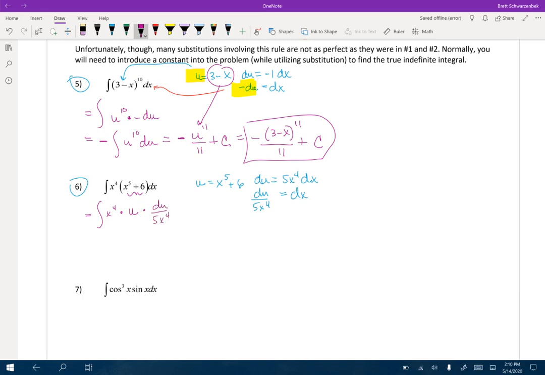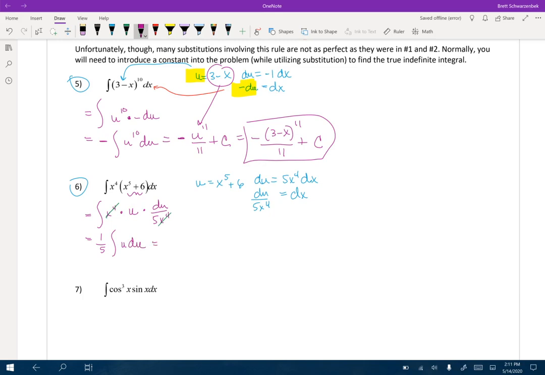If you look at this carefully, our x to the 4th is gone, and we are only left with u variables. So everything is good if that's the case. Worth noting, we have a 5 in the denominator, which means we have a constant of 1/5 that has to move to the outside, and then we're left with just 1/5 u du.